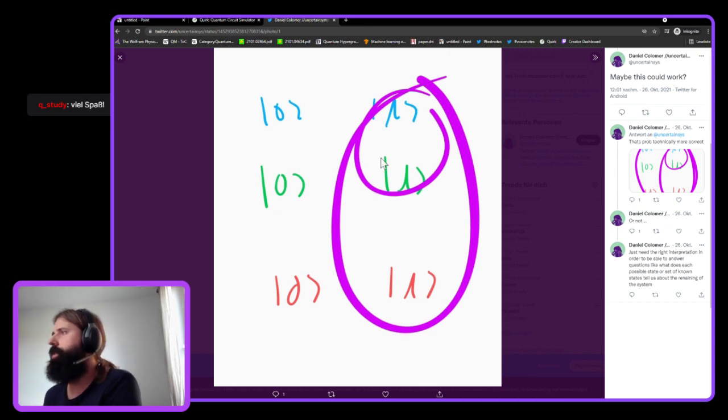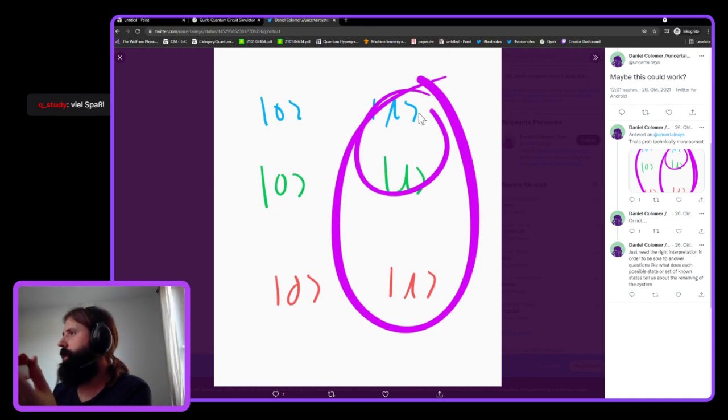I have to formalize this, maybe, but this would mean you know for sure that they are not both 1-1. It can still be that one of them is one, but not both. But if you just know that qubit green is one, that doesn't tell you anything.